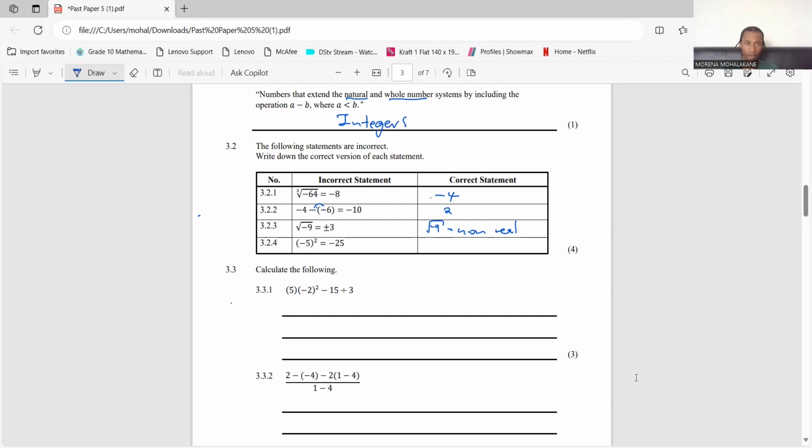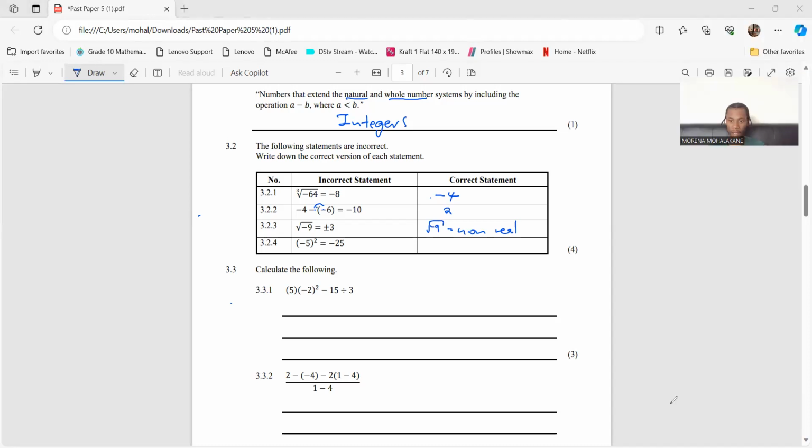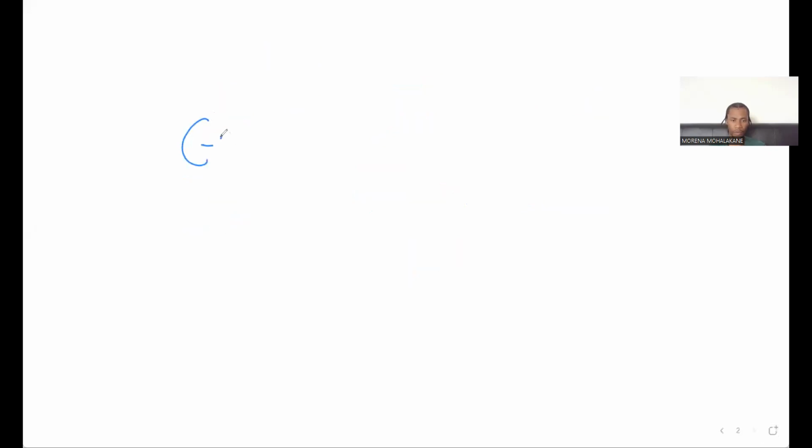Okay, good. Now remember that if you have something like this, (-4) all squared, this thing here is -4 times -4. This one here is negative 1 times 4 times 4. So it's a different thing. Here it's negative times negative, which gives you a positive.